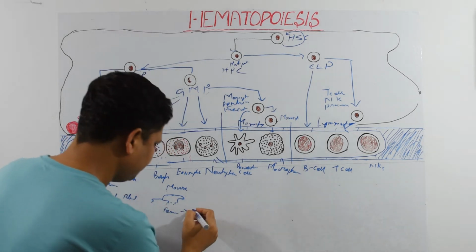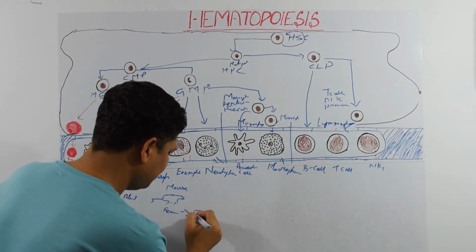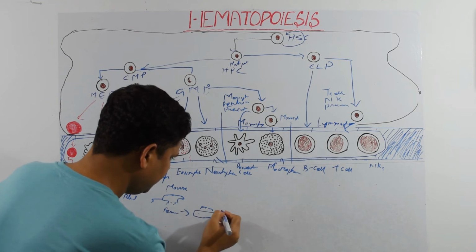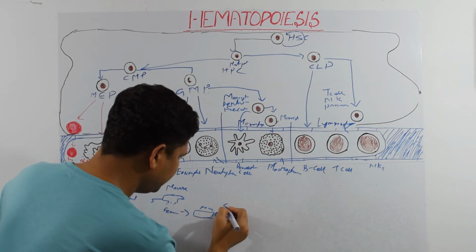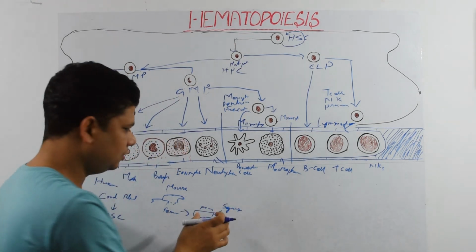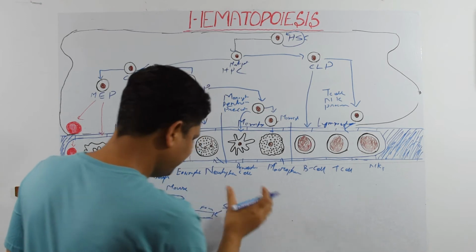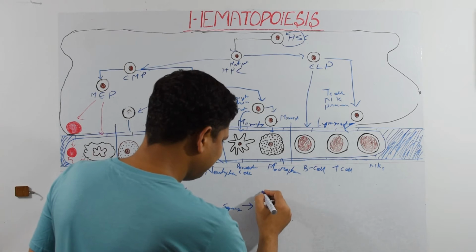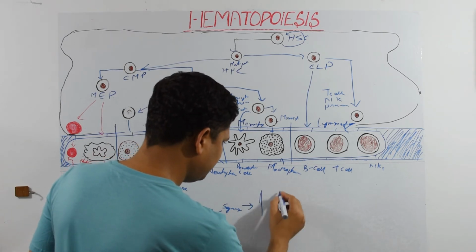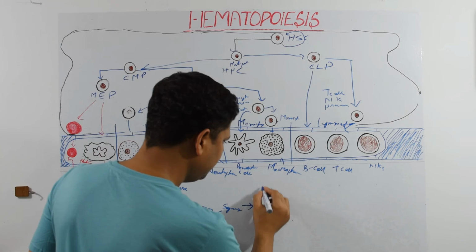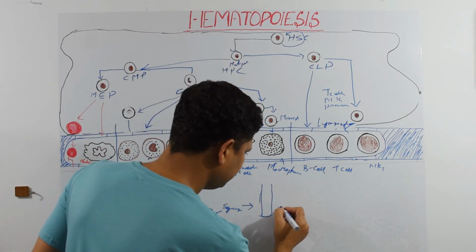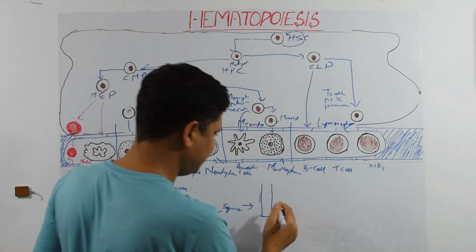After isolation, we flush this bone marrow, and this is the femur. We use a syringe to flush this bone marrow, and then after flushing, we separate the mononuclear bone marrow cells using histopaque or gradient centrifugation.